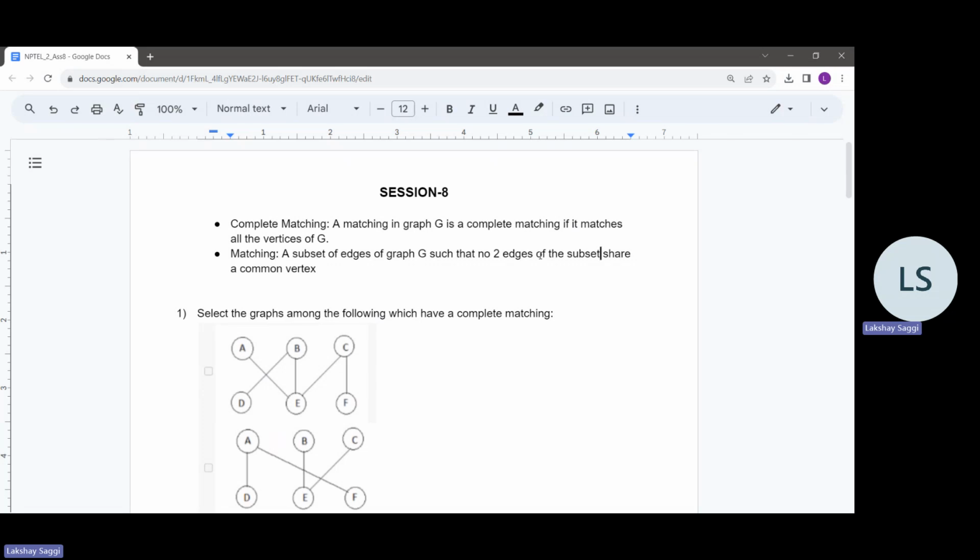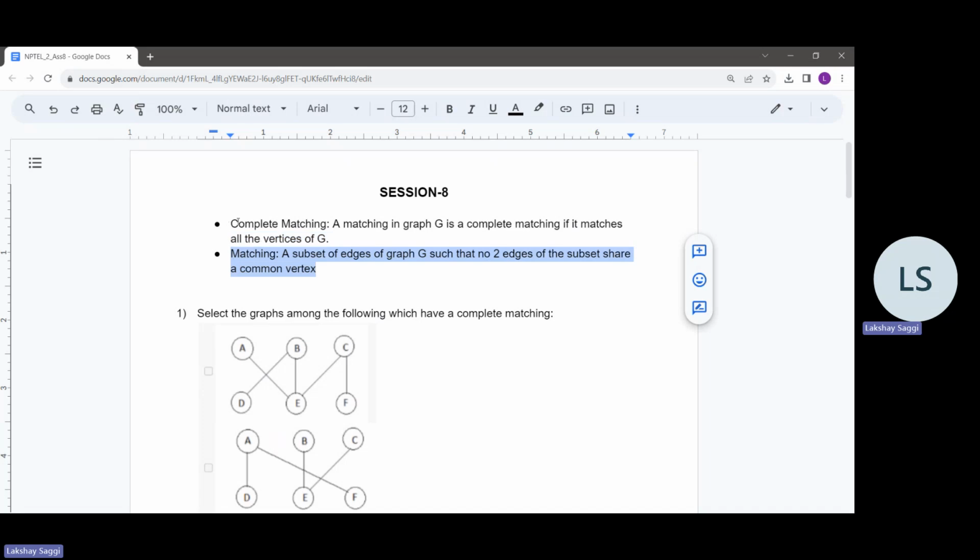That's why it's a matching, because every vertex can have only one edge adjacent to it. We can think of it as matching that vertex to the neighbor along which the edge is selected. So this is a matching.